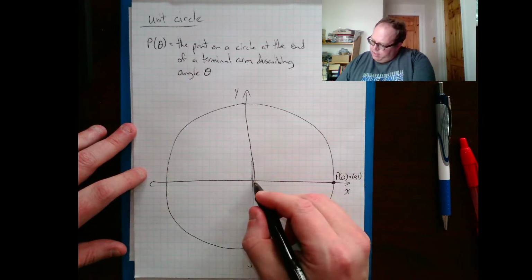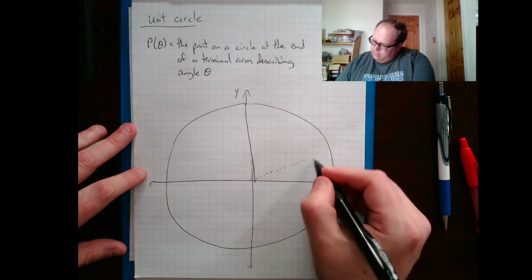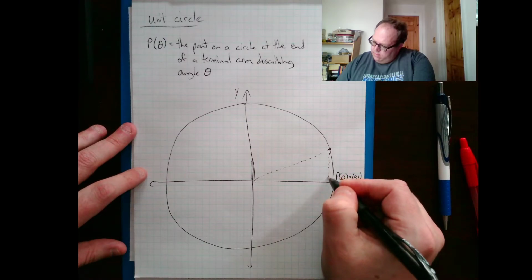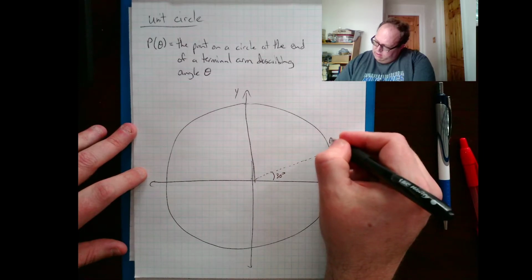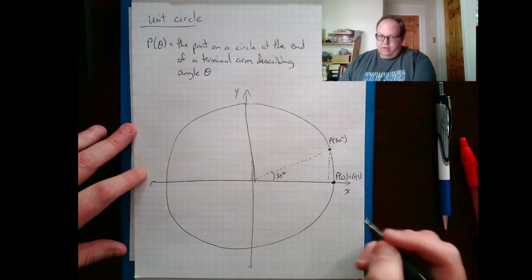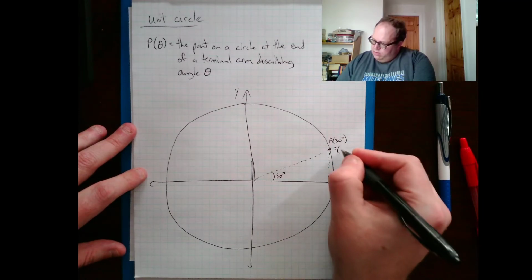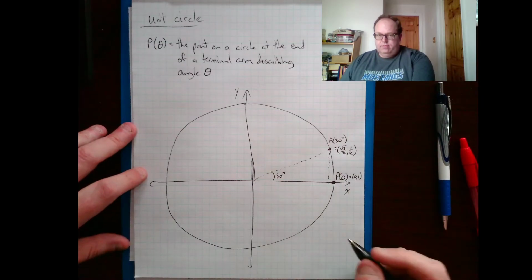If I went up a little bit, and I'm just going to draw the triangle for the first case, if that's 30 degrees, then this is P 30 degrees, and it would be equal to root 3 over 2 and 1/2.